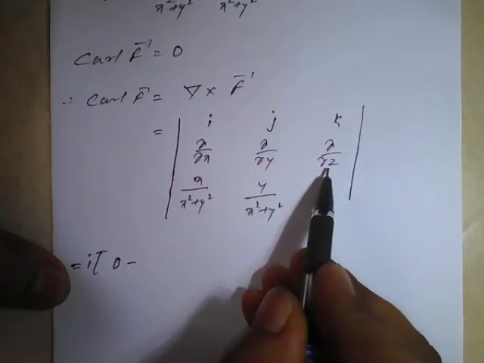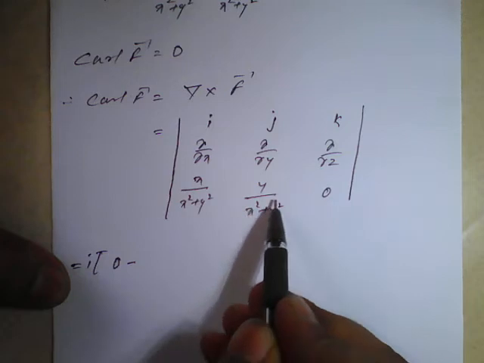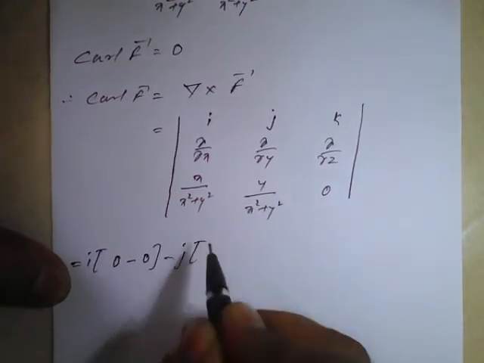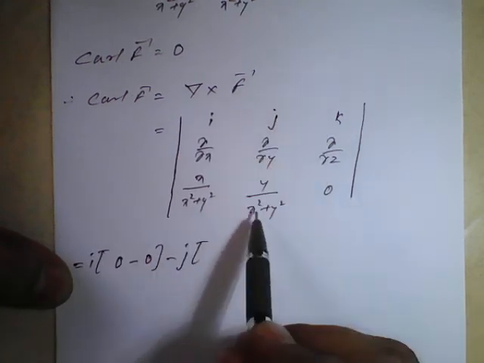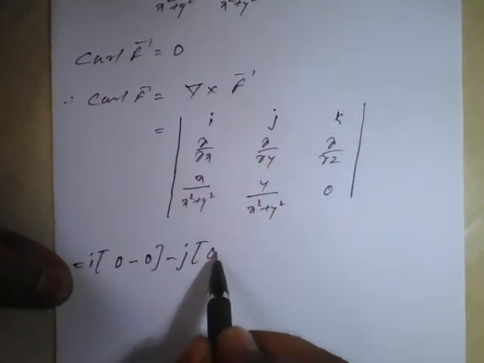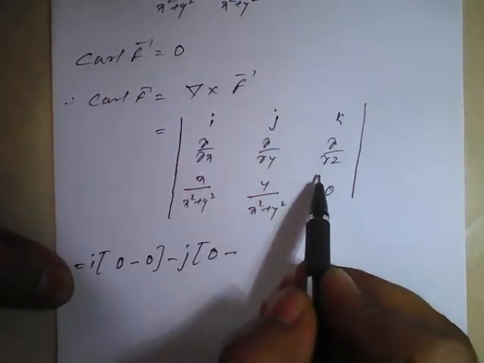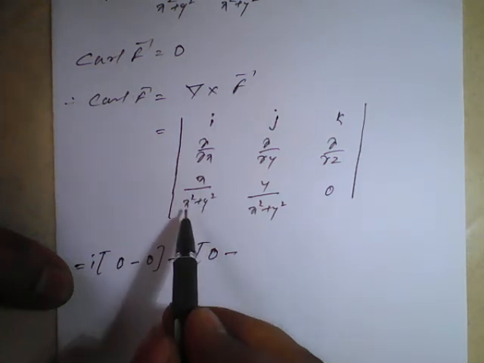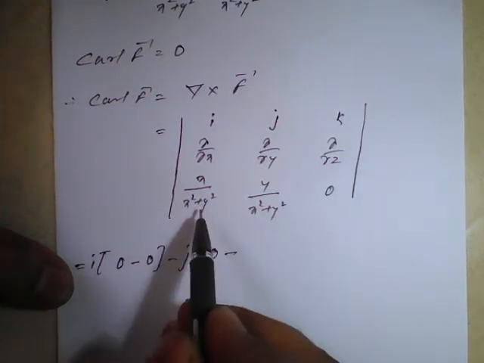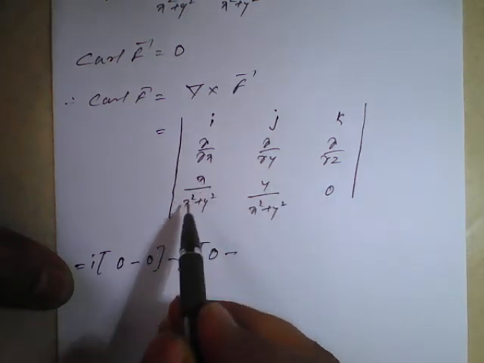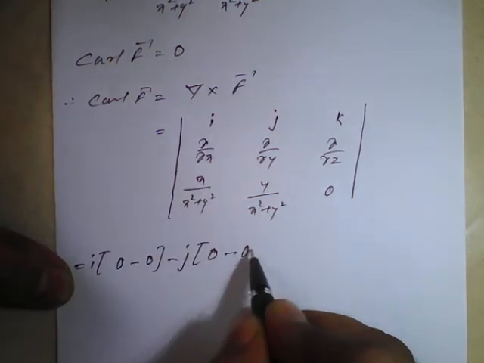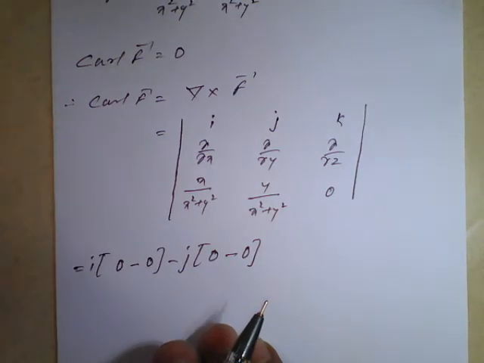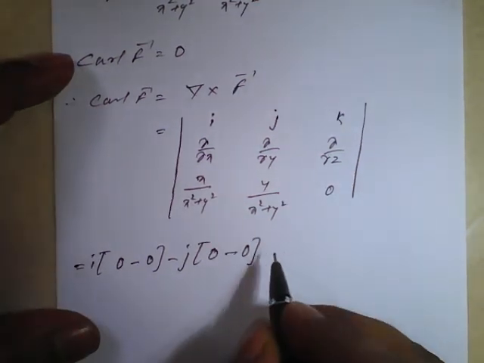With respect to z, the partial derivative of a constant is 0. Minus j times, dou by dou x of 0 is 0, minus dou by dou z of x upon x square plus y square. With respect to z, x and y are constant, so this is also 0.